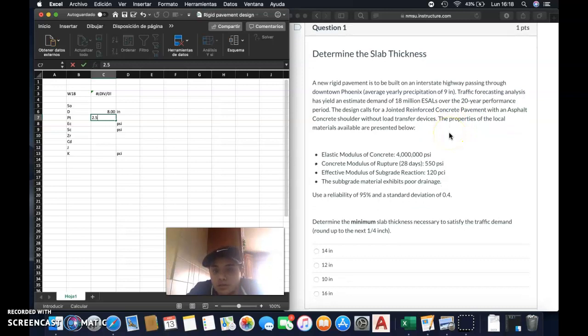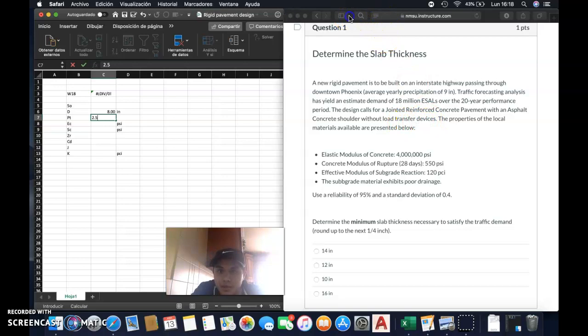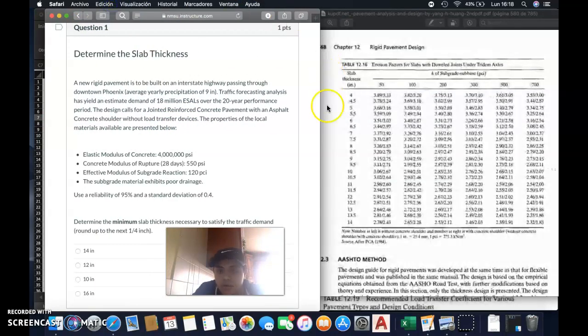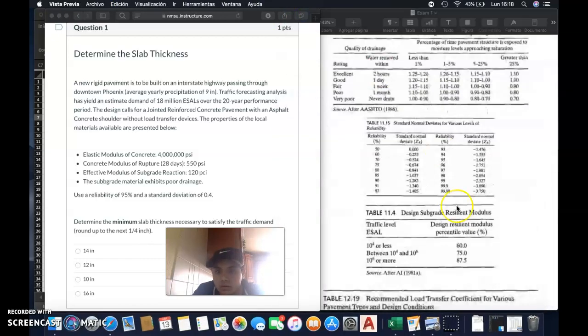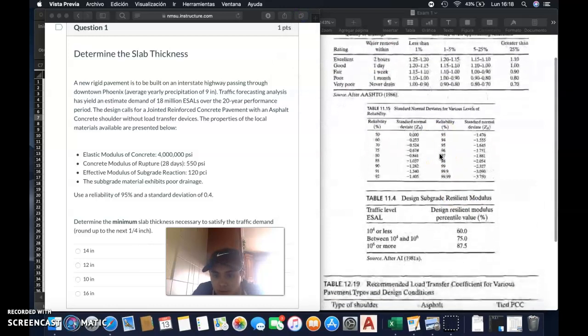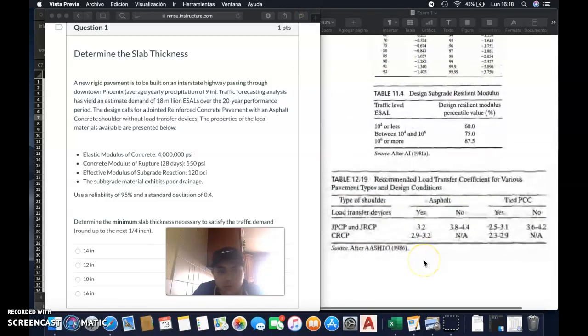The design calls for a jointed reinforced concrete pavement with an asphalt concrete shoulder without a load transfer device. We have a jointed reinforced concrete pavement, that is this one.